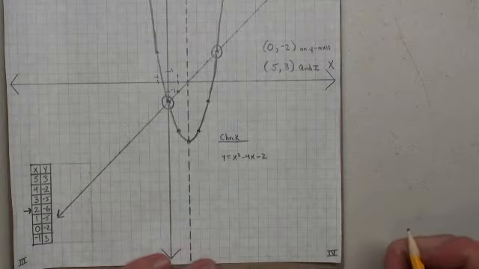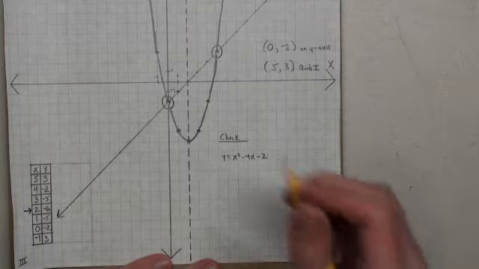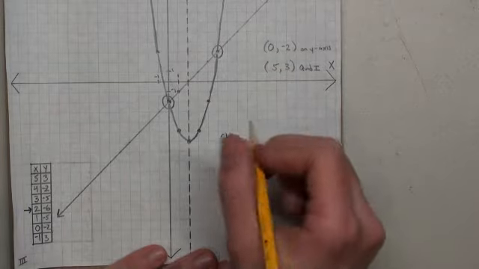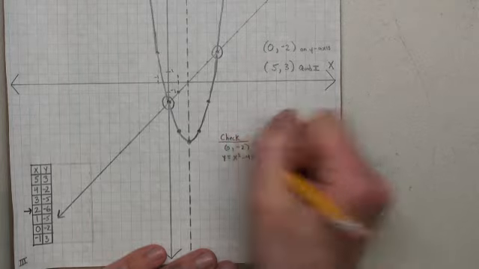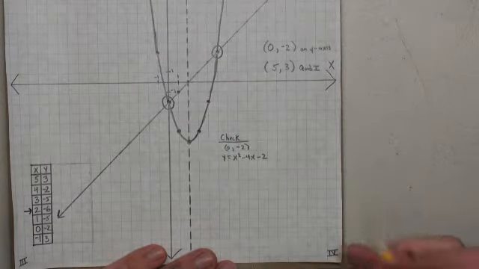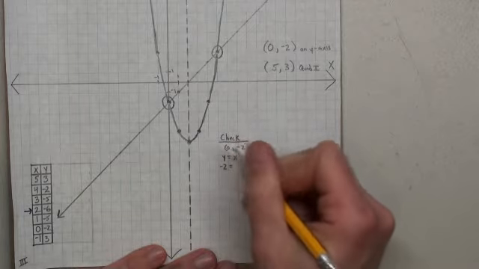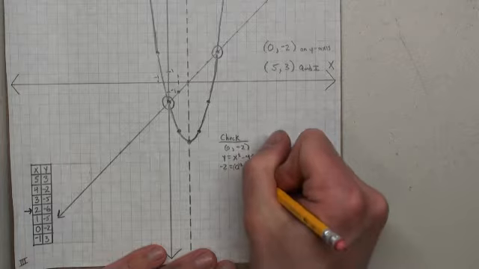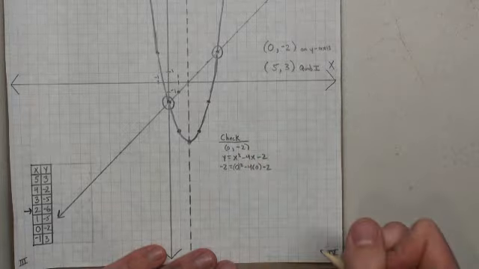So let's check the point 0, negative 2. Negative 2 was our y, so negative 2 equals, and x is our 0. 0 squared, put the 0 in parentheses, minus 4 times 0, minus 2.